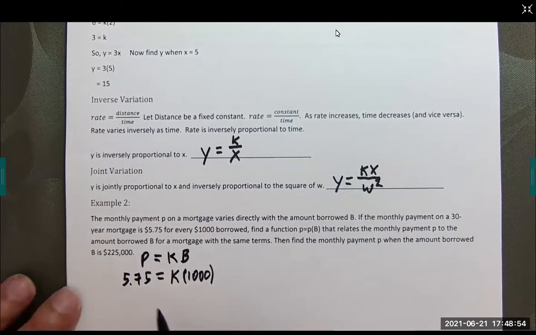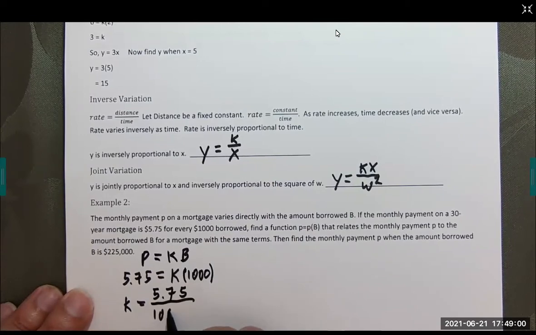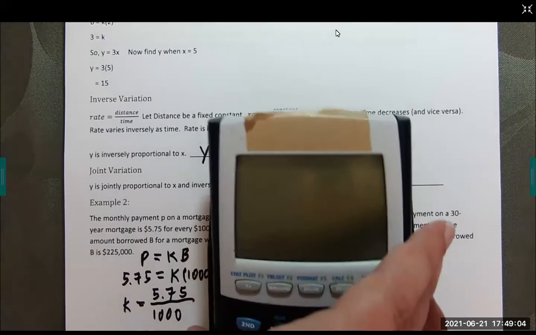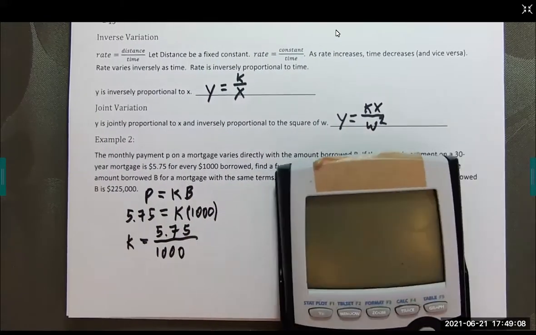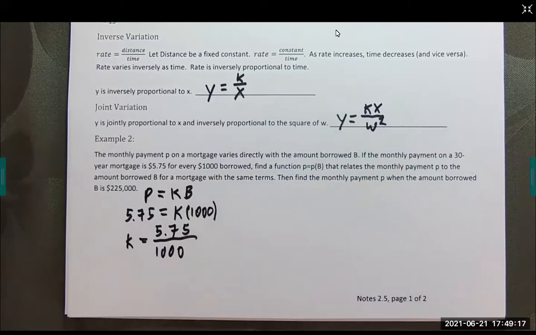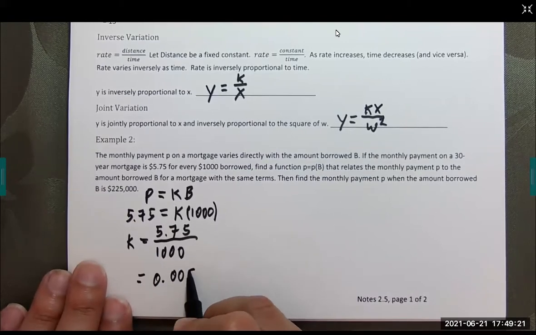Well, this means k, I divide both sides. k is 5.75 divided by 1,000. And that is going to move the decimal around quite a bit. So 5.75 divided by 1,000 is going to be 0.00575.